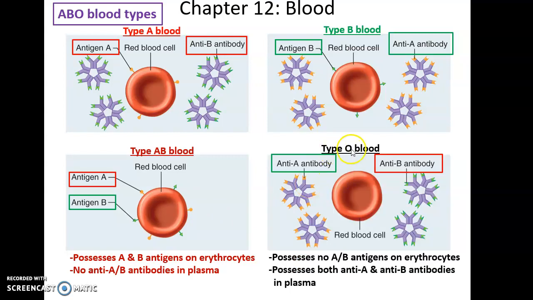And if you have type O blood, then you do not have A or B antigens. They are not present on the surface of your red blood cells. Your red blood cells are nice and smooth. And this means you have antibodies against A, so anti-A antibodies, and antibodies against the B antigen, so anti-B antibodies. They are out there to bind to these antigens because, again, they're not supposed to be in your body if you're blood type O.